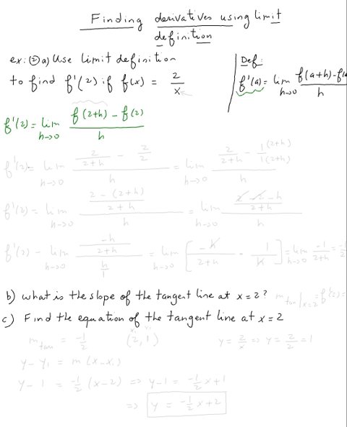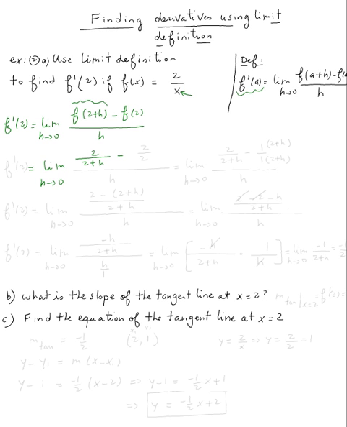Now first we need to do f of 2 plus h. F of 2 plus h means plugging 2 plus h into x, right here, into the function. So plugging it in, that becomes 2 over 2 plus h. That's our input, 2 plus h.